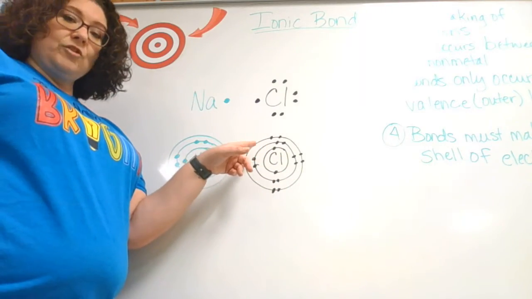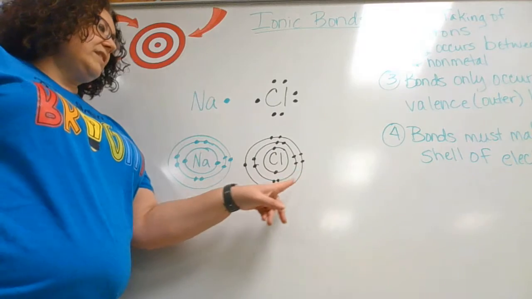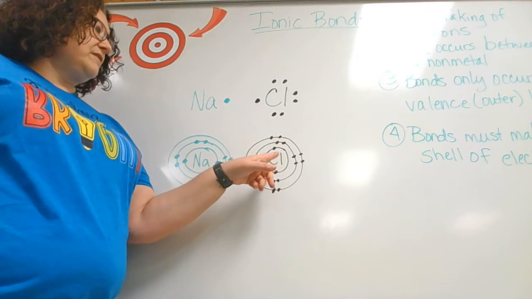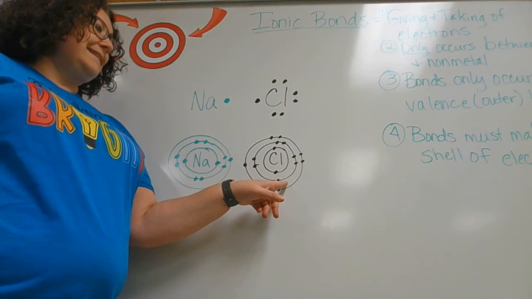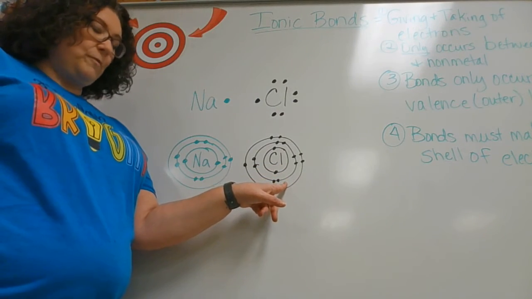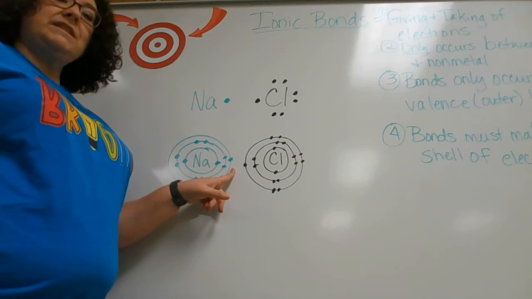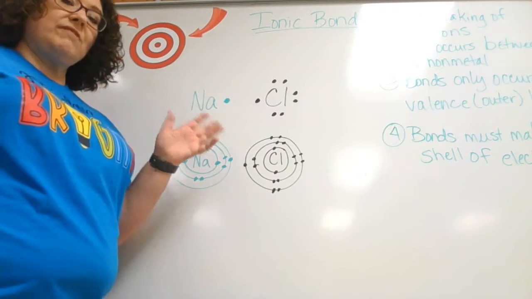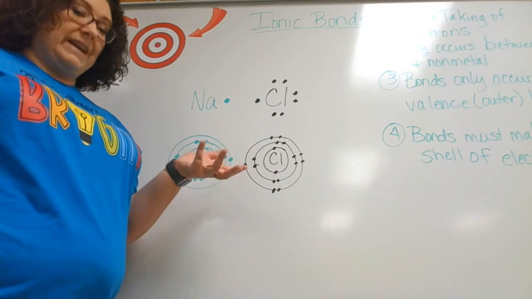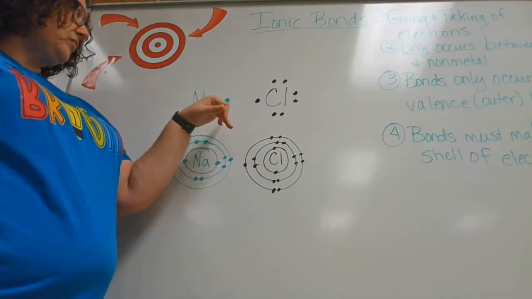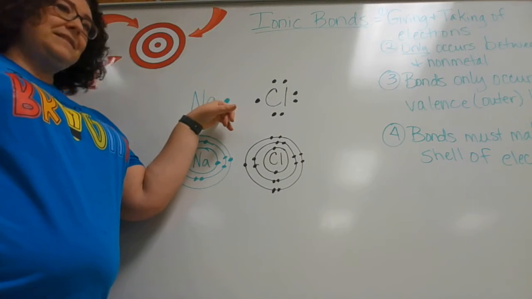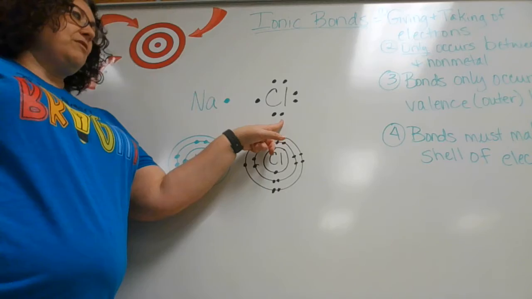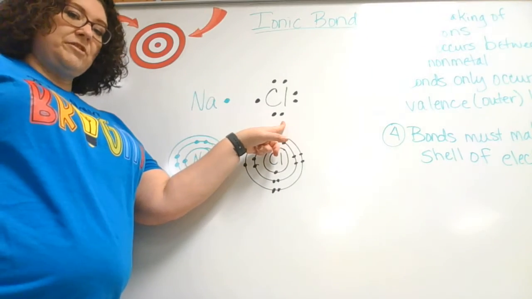And because it's in group 17, it has 7 valence electrons in the outer level. Okay, so we've got 2, 8, and then 7 in the outer level. Okay, sodium is in group 1, so it just has 1 electron in the outer level. Now you can write it a different way, a simpler way. You can write just the valence electrons around your element when you do your bonds.